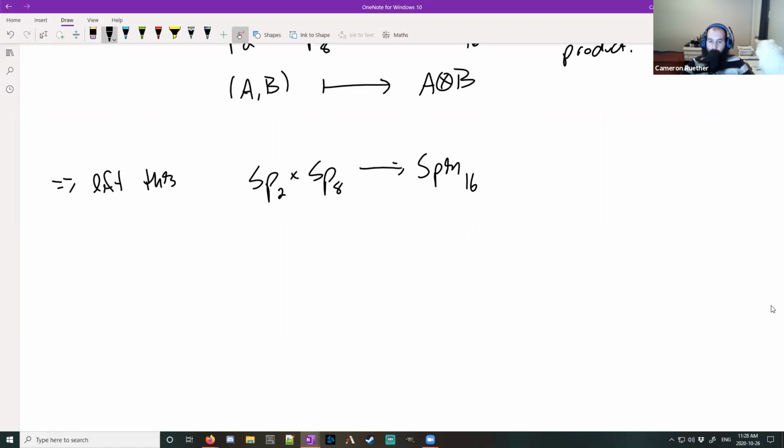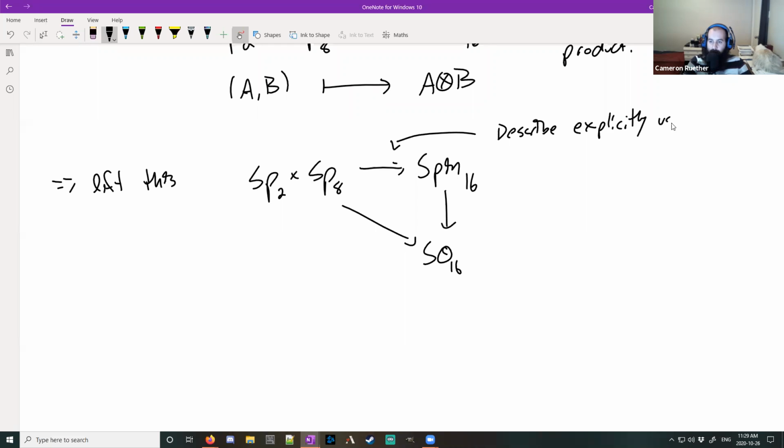And this map now, which lifts over this map, you can describe explicitly using Chevalley generators. So this is as in Steinberg's lectures on Chevalley groups.